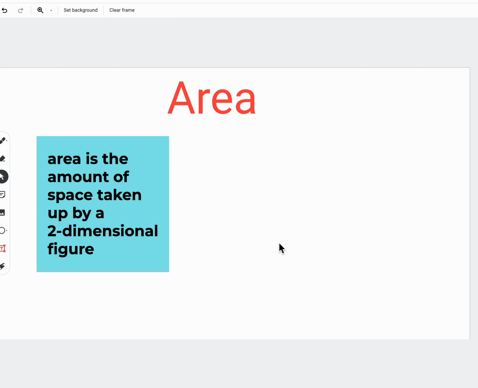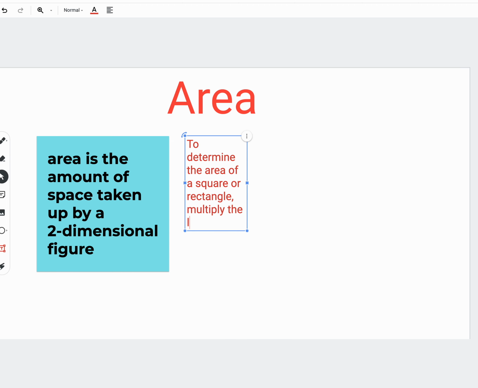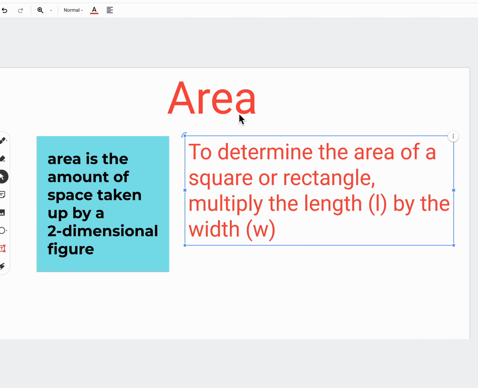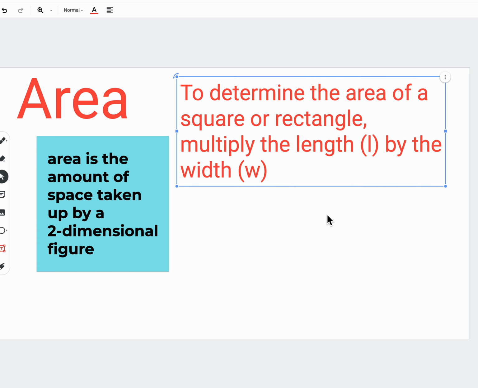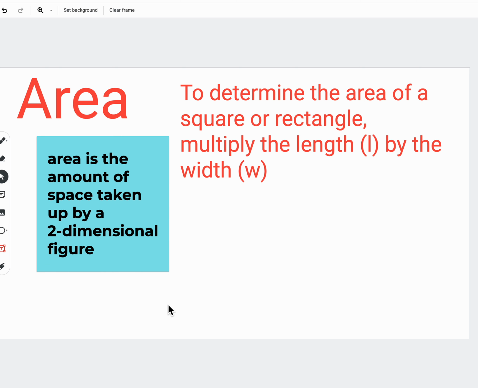Now, to determine the area of a square or rectangle, we simply multiply the length by the width. In fact, this is our formula. The formula for area will be length times width.